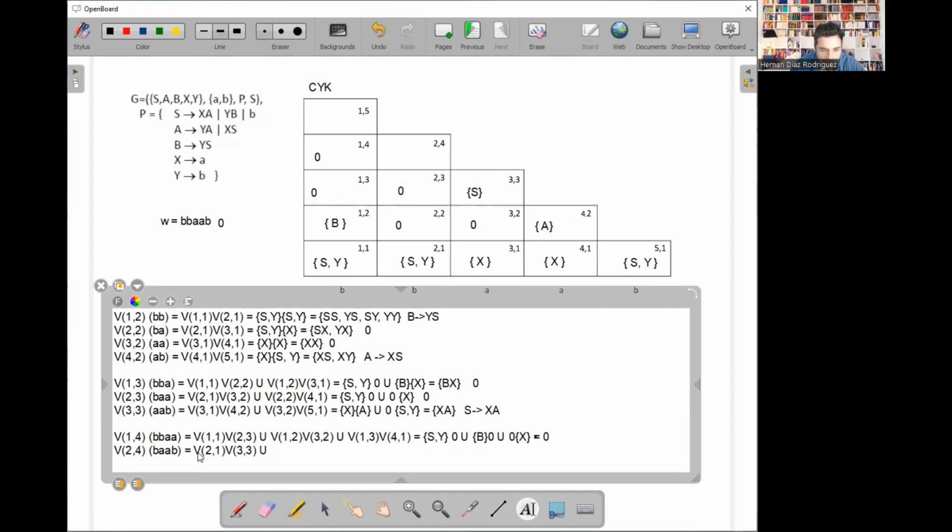We can generate the first 2 characters and then the second 2 characters, or we can take the first 3 characters and then the last one. All right, these are all the possible combinations.